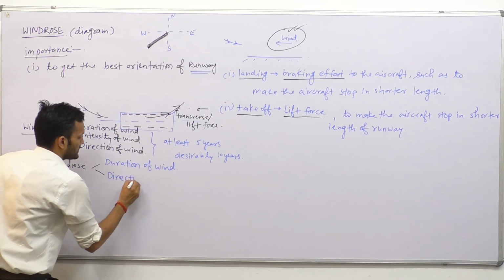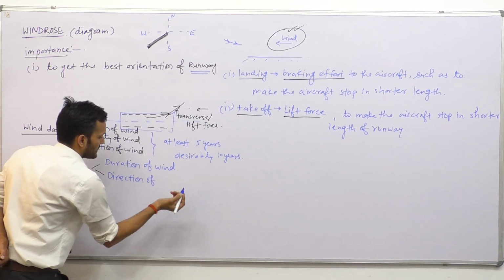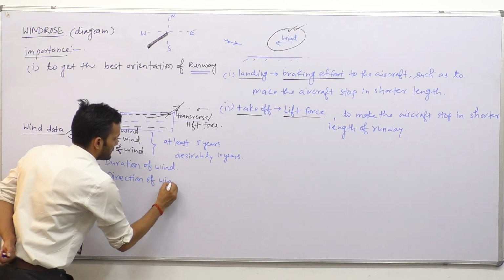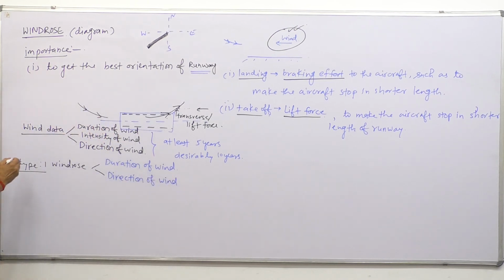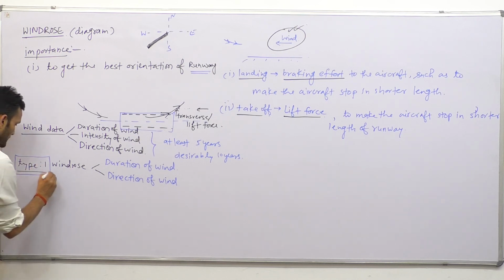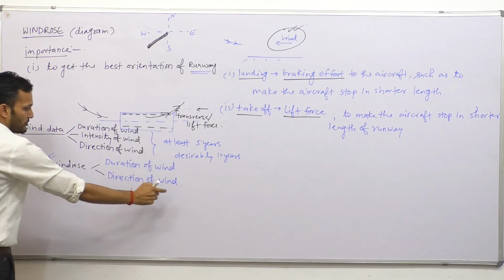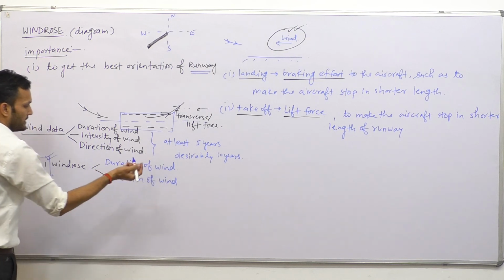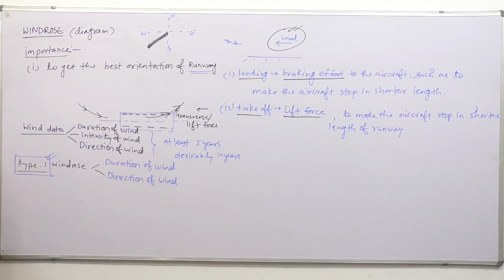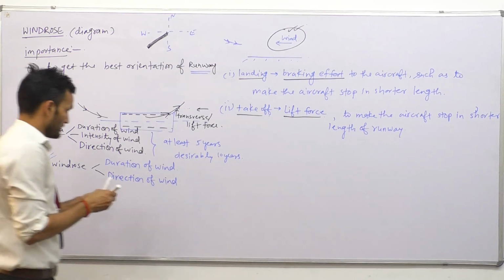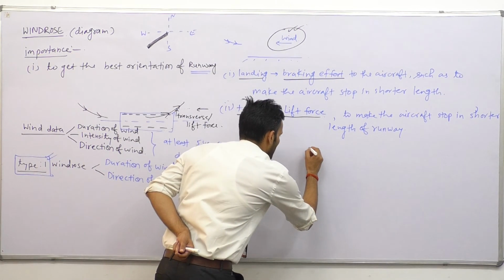Type 1 windrose does not take into account the intensity of wind. And with these two data we draw a diagram.